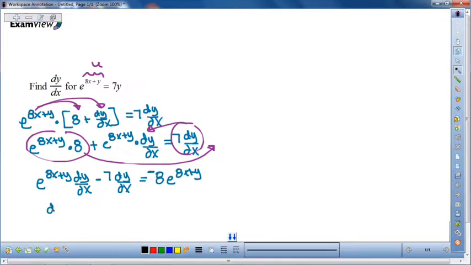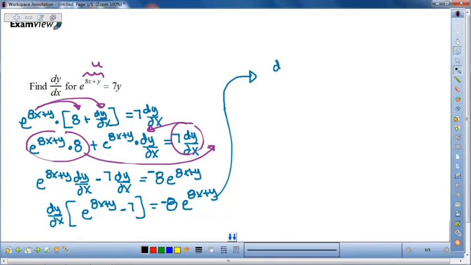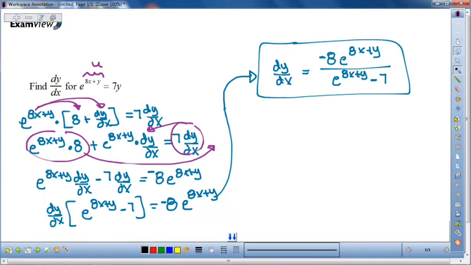Okay. We're going to factor out a dy dx. And then we're going to divide by e to the 8x plus y minus 7. And that would be my derivative.